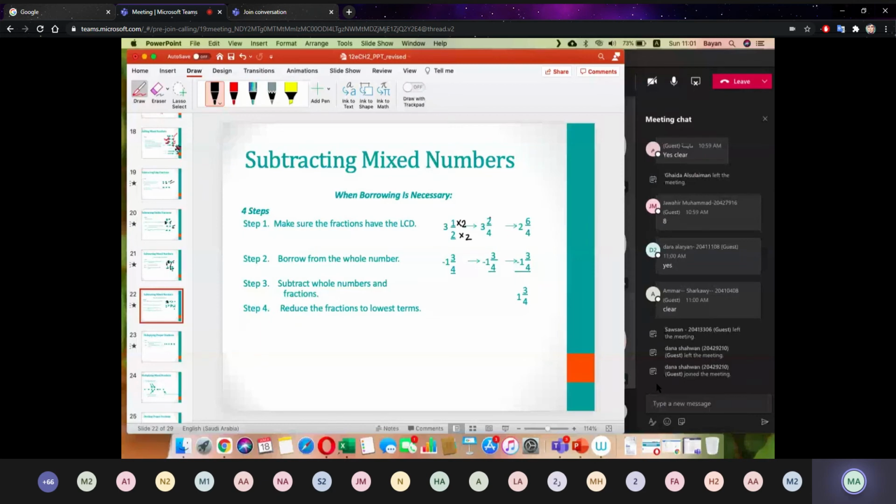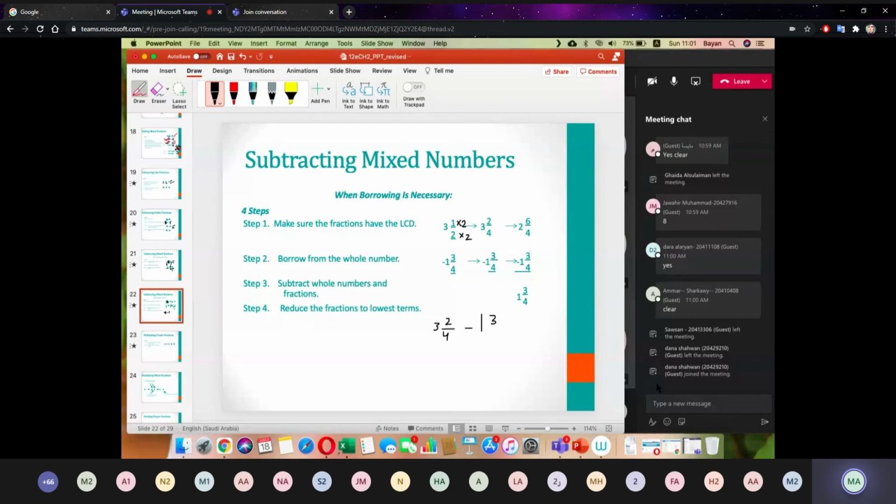Then we subtract 2 minus 3. So the values are 3 with 2 over 4 minus 1 with 3 over 4.